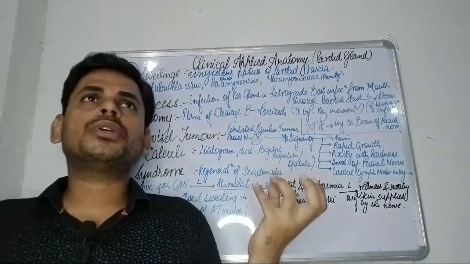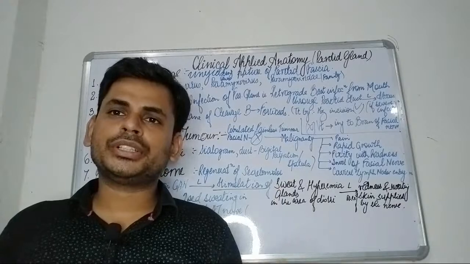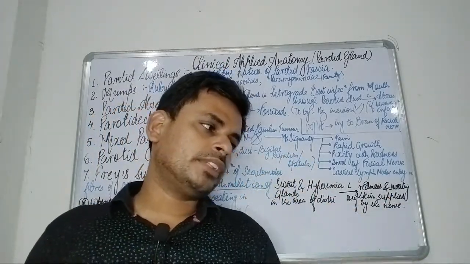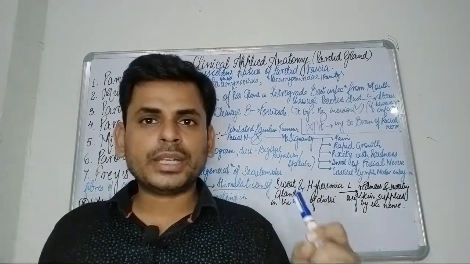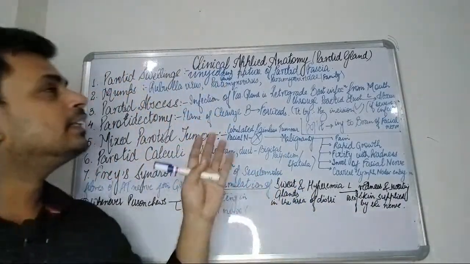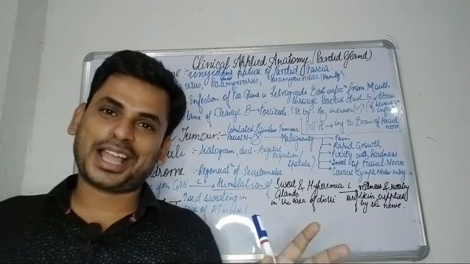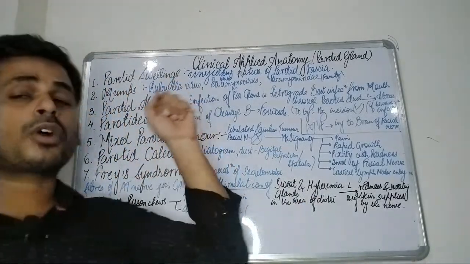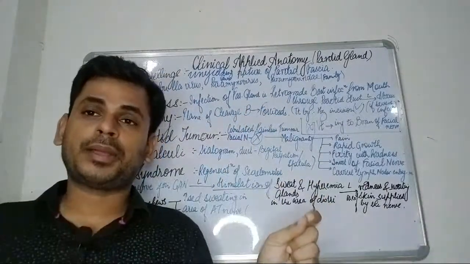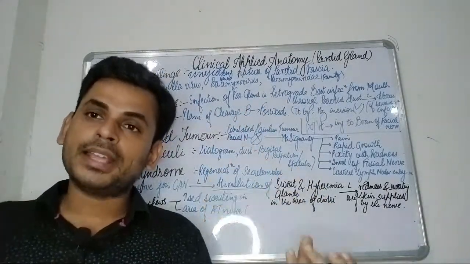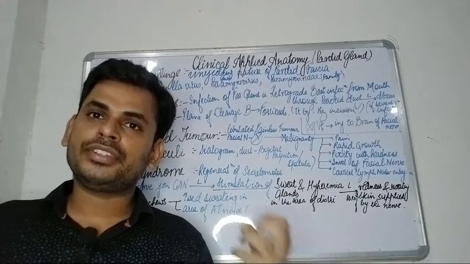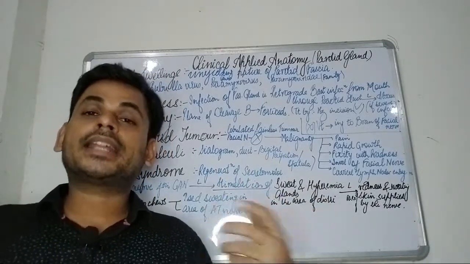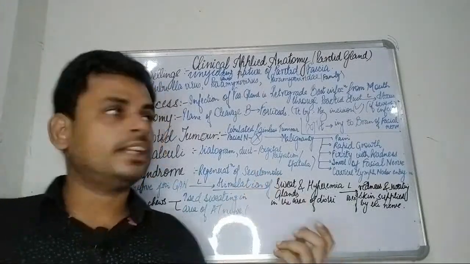The complications very frequently related to it are pancreatitis and orchitis. These complications are very important to remember, because in young boys it can lead to orchitis, and that can ultimately lead to infertility as well.